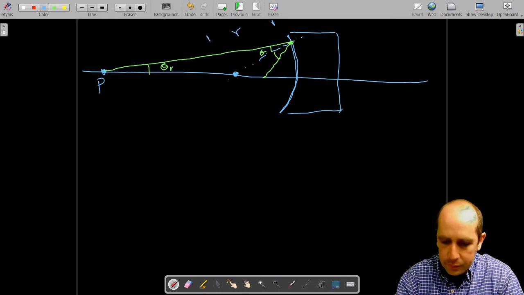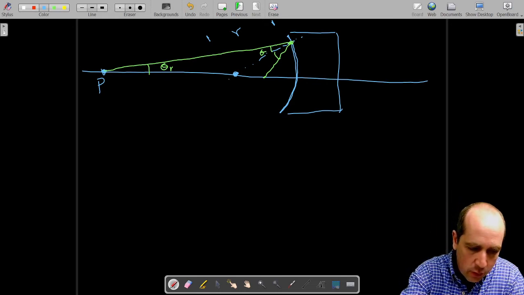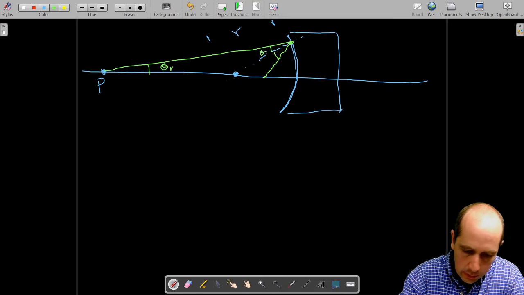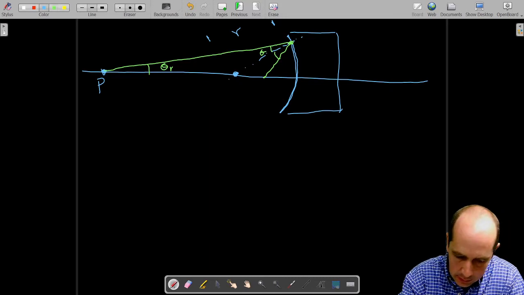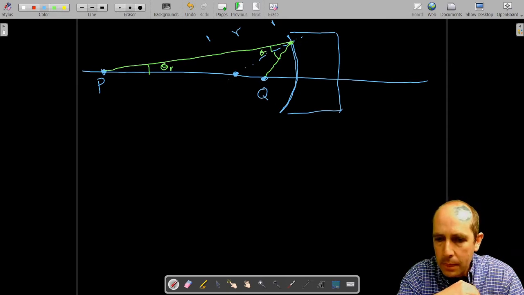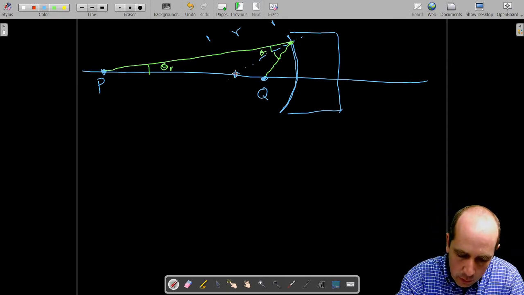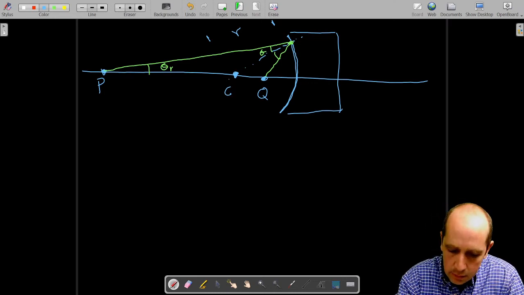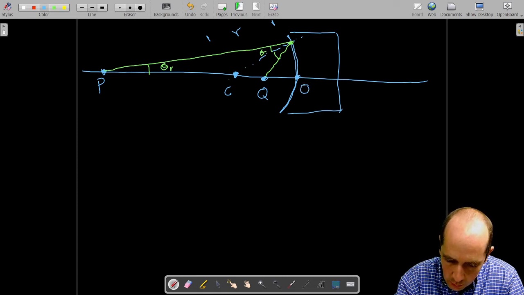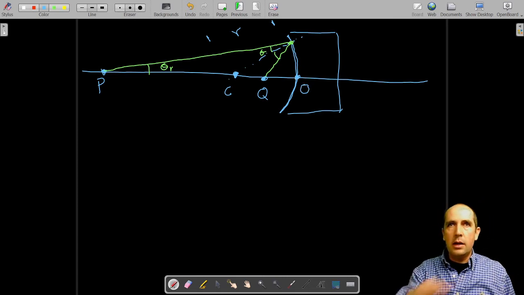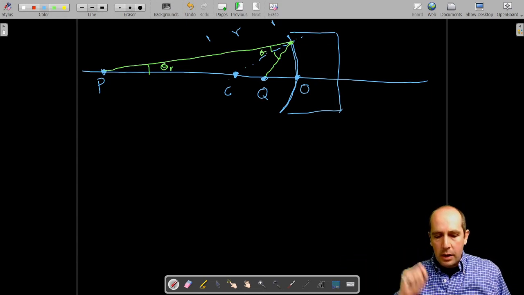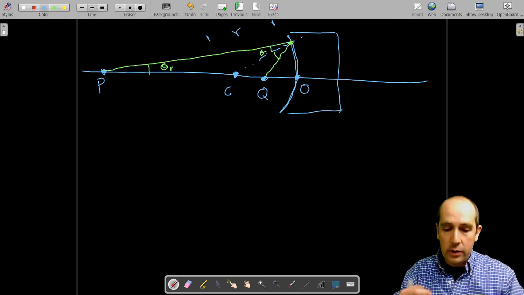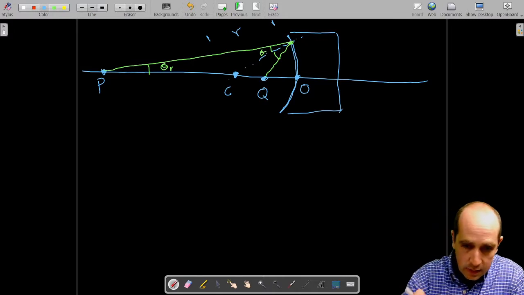And this point here where the ray ends up, right here, we will call it Q. And this point over here we will call it C. And finally, just for the sake of the argument, this point over here we will call it O, the point where the optical axis intersects the spherical surface.